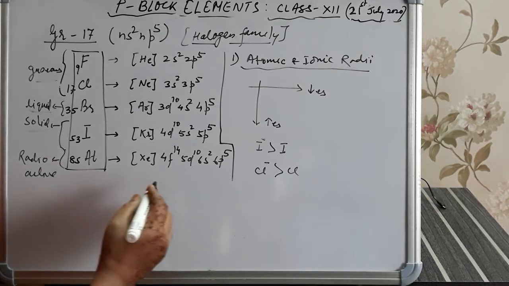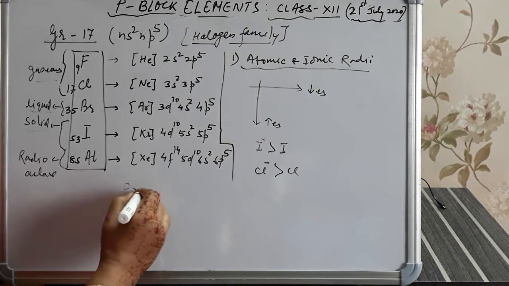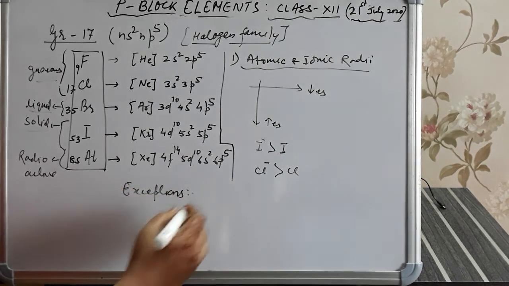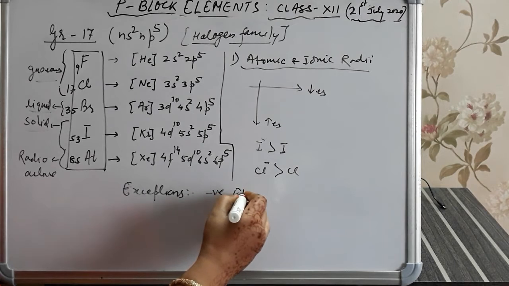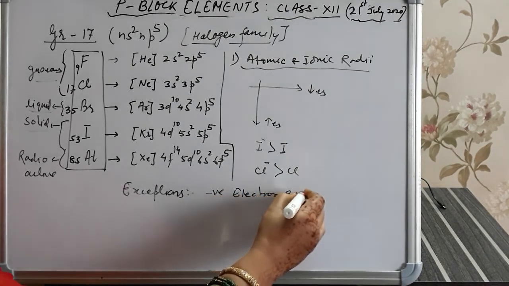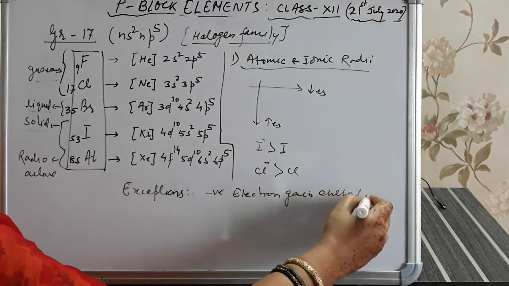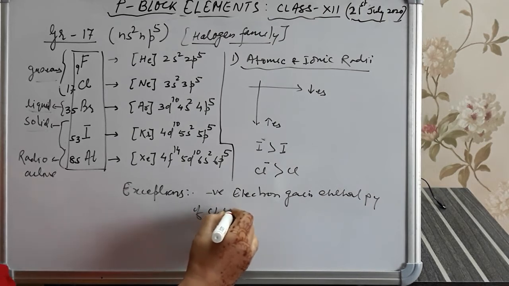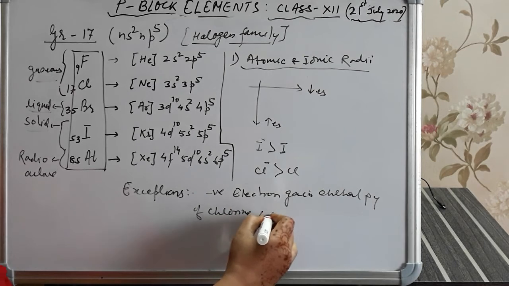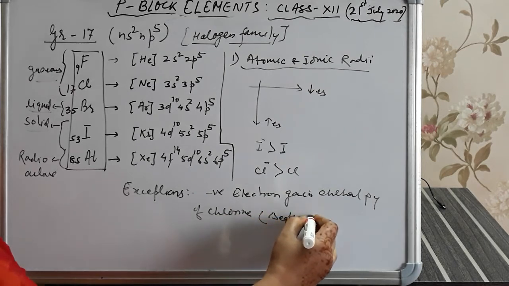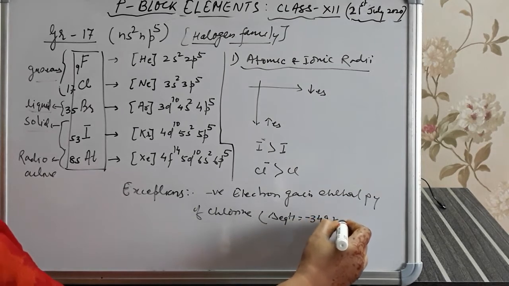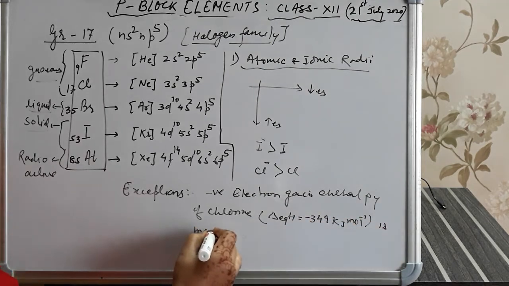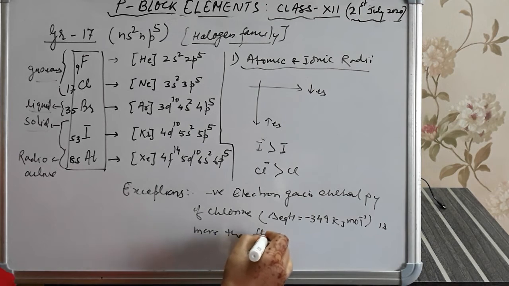So exceptions are there. Exceptions: negative electron gain enthalpy of chlorine, that is minus 349 kilojoule mole inverse, is more than fluorine.